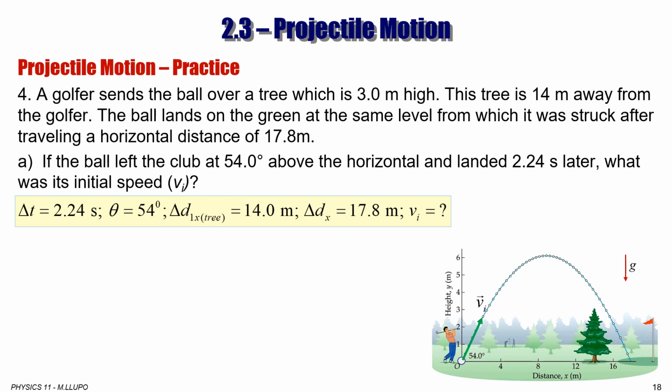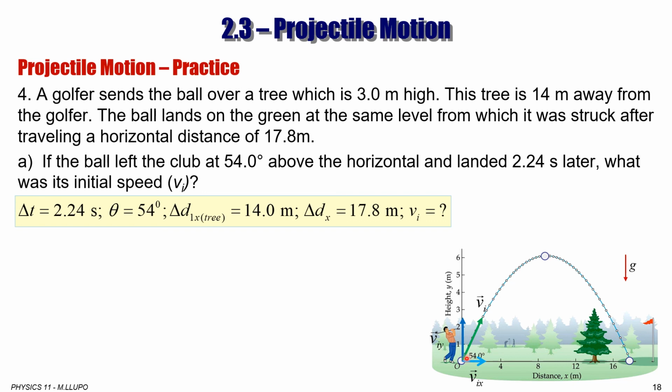To find V initial, we can draw its components. Then, you know the V initial x is the adjacent side of V initial. So in order to find V initial, we can find V initial x first because we do have the data for it.